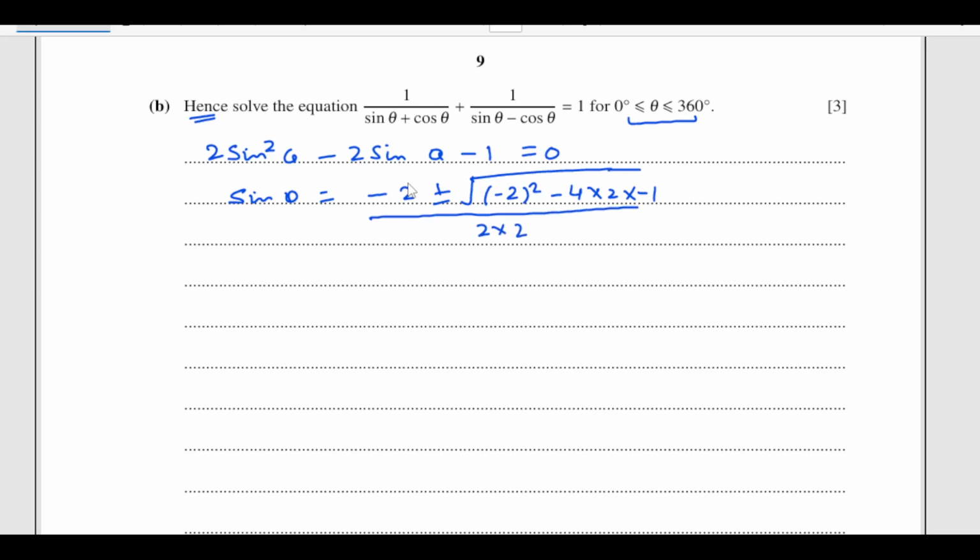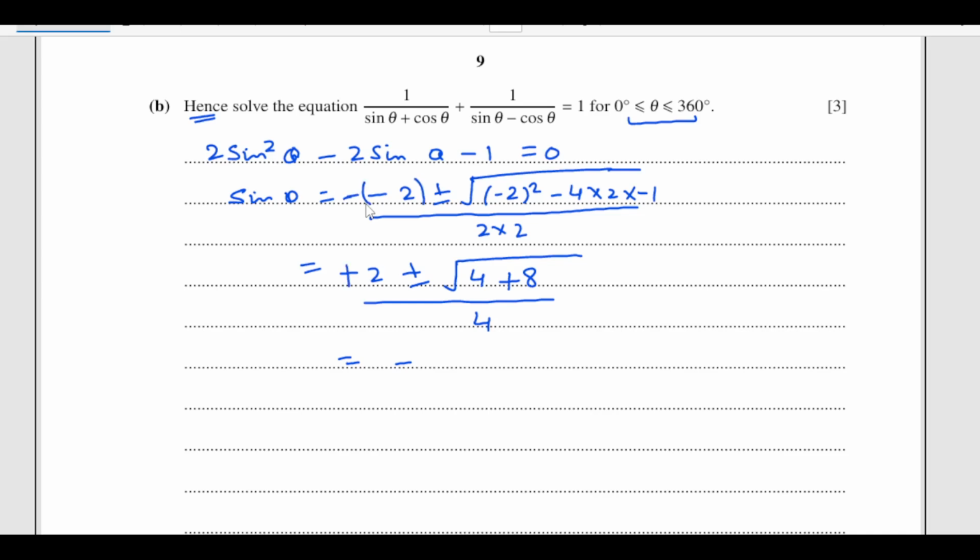This is a quadratic in sine theta. So this is negative 2 plus minus, so this is 4, and minus and minus becomes positive, so 4 times 2 is 8, over 4. So this is minus, this is minus outside, minus b, right?